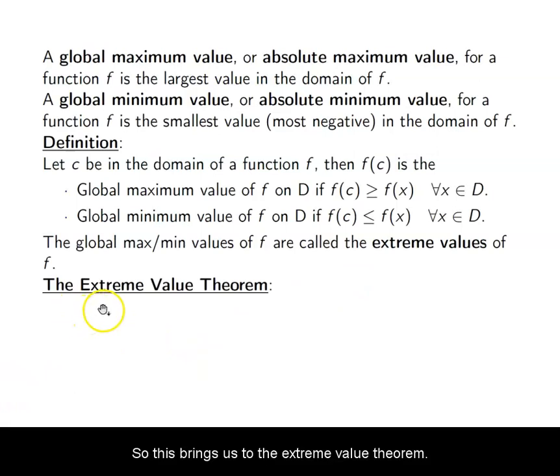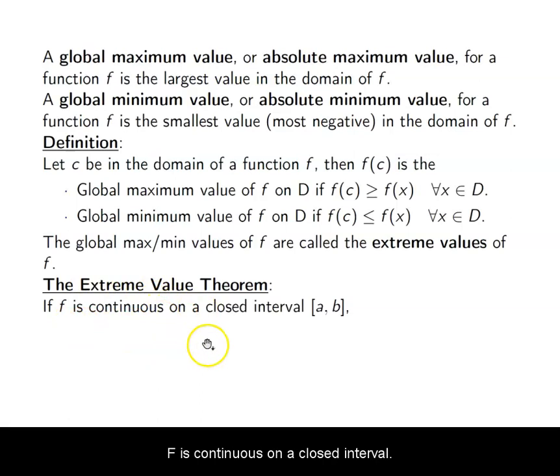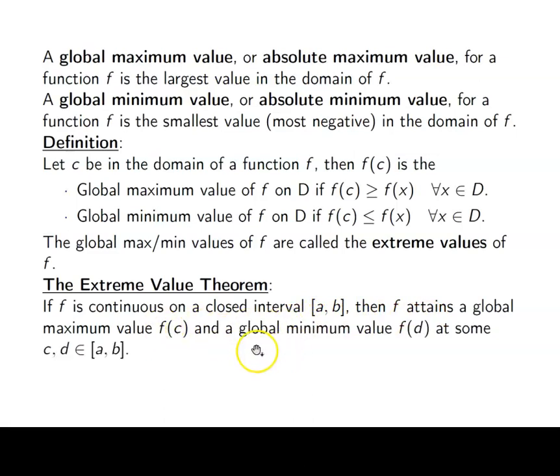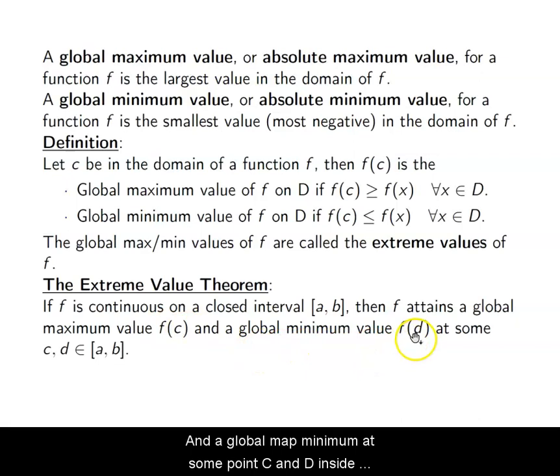Right? So this brings us to the extreme value theorem. If f is continuous on a closed interval, a to b, then f attains a global maximum value f of c and a global minimum value f of d at some points c and d inside of our closed interval. So as long as I'm defined on a closed interval, I'll have a global maximum and a global minimum.